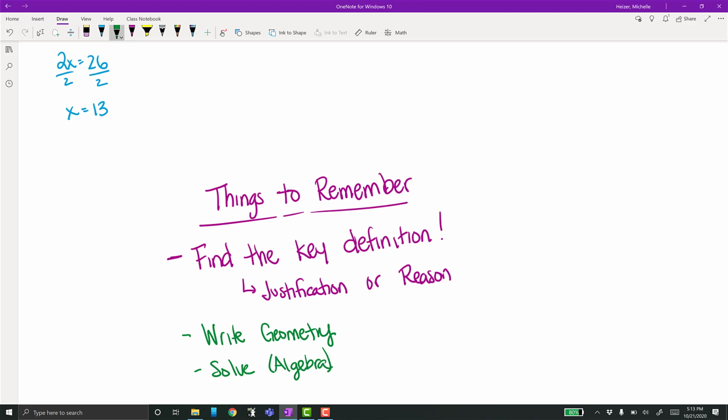And once you have that reason down, it tells you what to do. Supplementary angles equal 180. Vertical angles are congruent. Complementary angles equal 90. So that's going to walk you through how to set these things up, okay? So remember that as definitely the emphasis. Other than that, that's it for today.